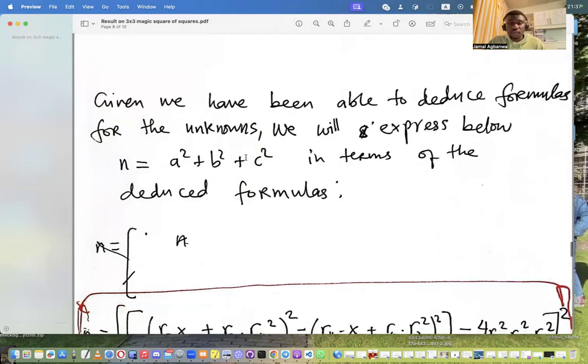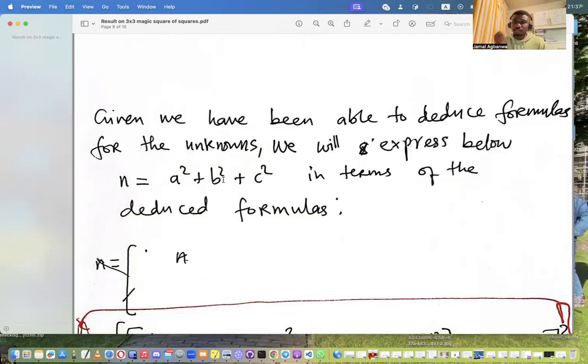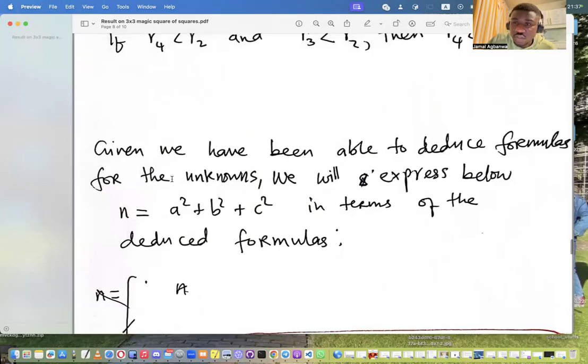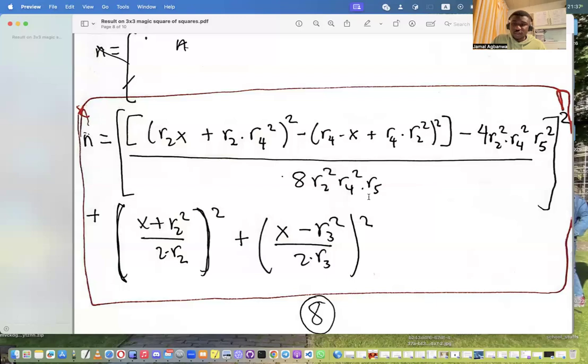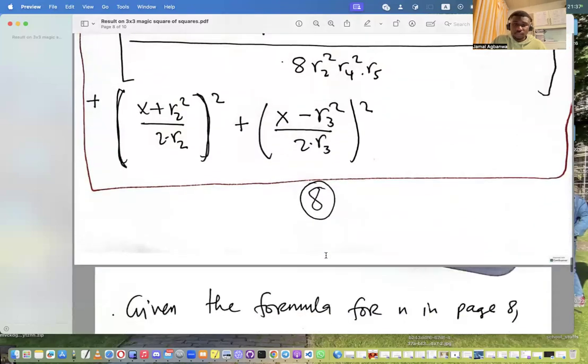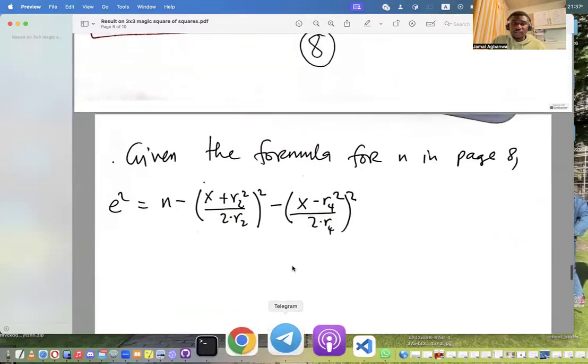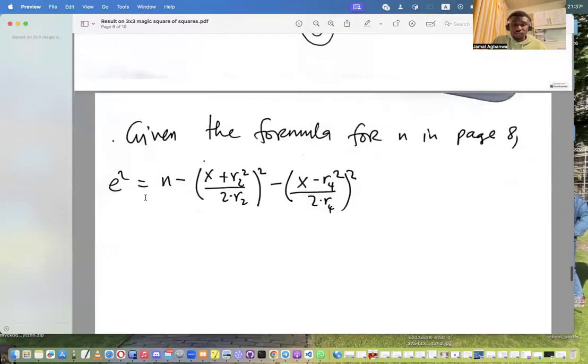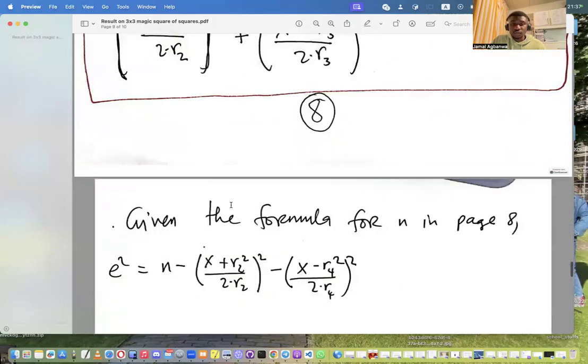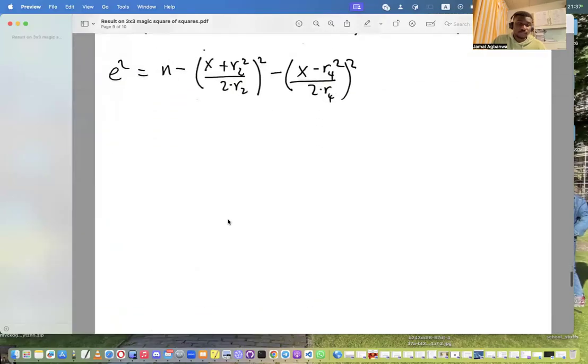And so over here, given we have been able to deduce these formulas for the unknowns, we will express n, and the n is a sum of the constant sum. We'll deduce this in terms of the formulas we developed above. And so in this sense, we have this giant formula for a squared and b squared and c squared, you know, and given this formula, when you subtract b squared minus h squared from n, you get this formula for e squared.